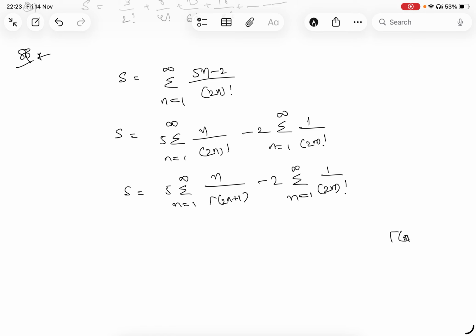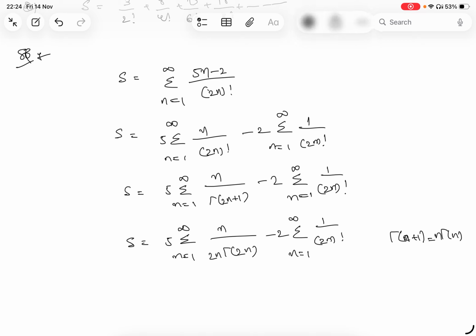Now you might have read this formula, right? Gamma of n plus 1 can be written as n into gamma of n, right? Here the n value is 2n, fine. Then s is 5 into summation n equal to 1 to infinity n by, this can be written as gamma of 1 plus 2n is 2n into gamma of 2n, minus 2 into summation n equal to 1 to infinity 1 by 2n factorial, fine.